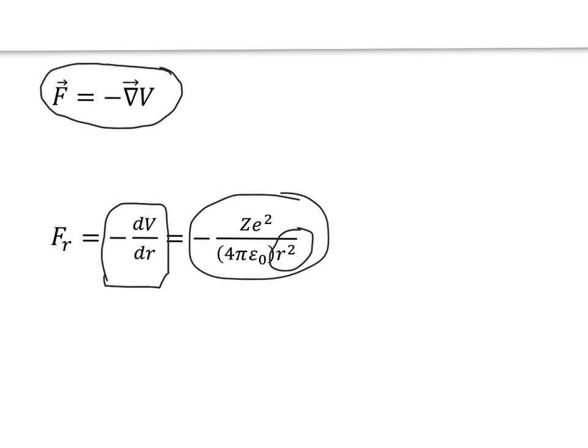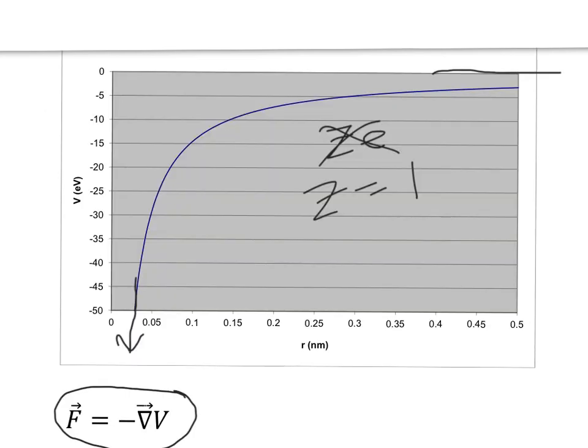And so that's the magnitude of the force, and the direction of the force, as you probably know, is a vector directed to the origin. On the plot, that force would be the force at a particular point right here, say at this distance r.